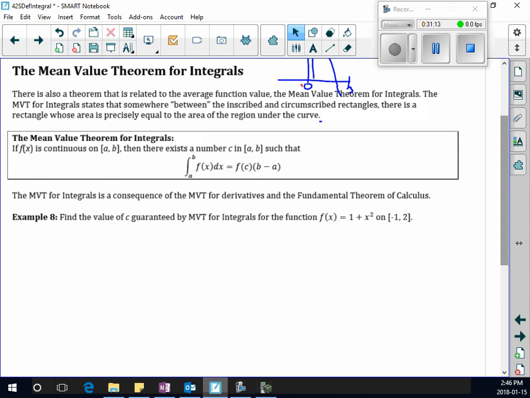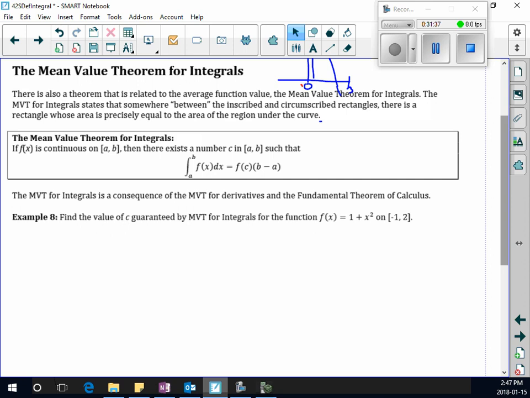Does this ring a bell at all? The mean value theorem for derivatives says there's a c between a and b such that f prime of c equals f of b minus f of a over b minus a. You remember the derivative, because I was just setting up the slope.